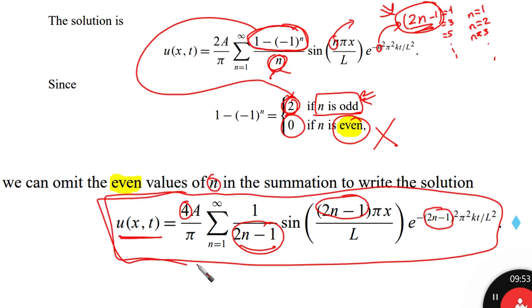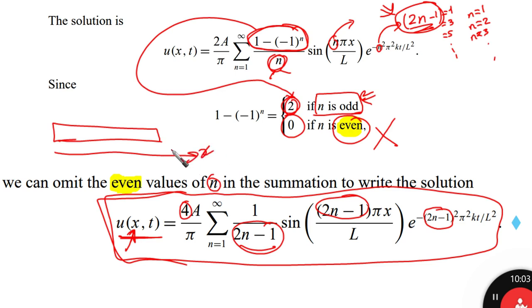What is the meaning of the solution again? Exactly, we can describe the temperature at any point across the bar, because this is the x-axis, and at any time.